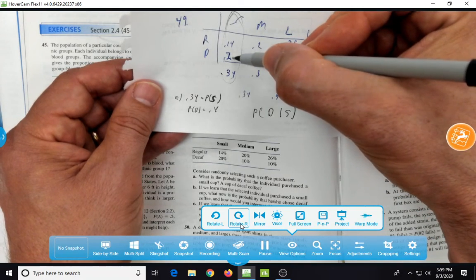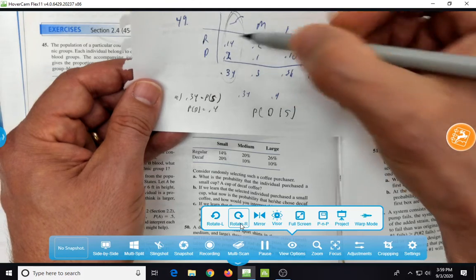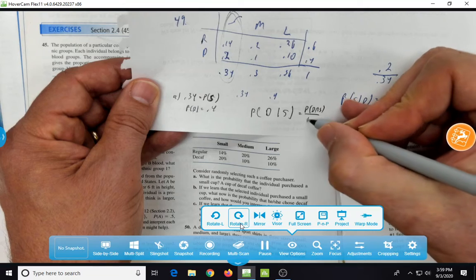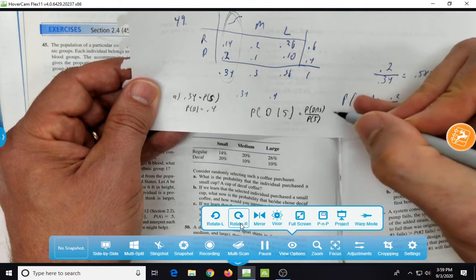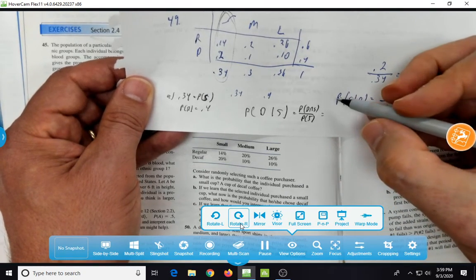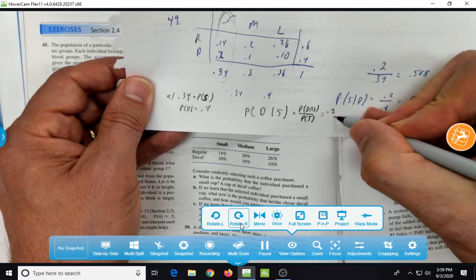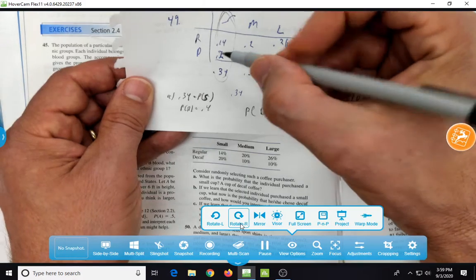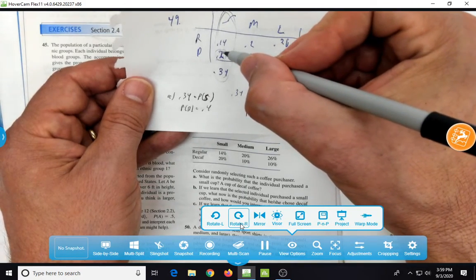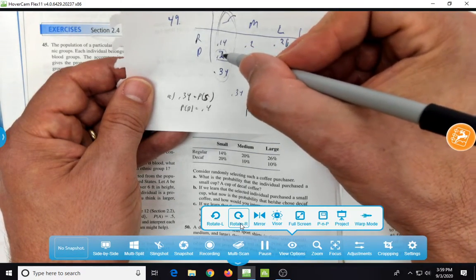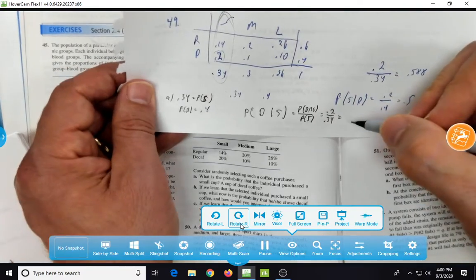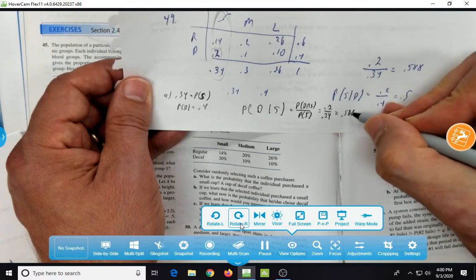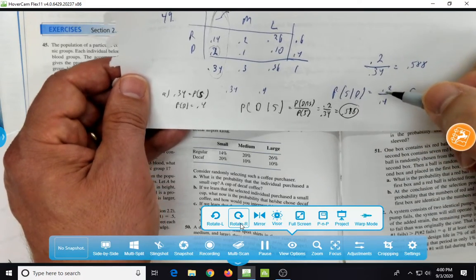And so given small, we would have the probability of D intersect S over the probability of S. And that would then be equal to 0.2 over 0.34. You could think of this as, in this column I've got 2 out of the whole sum, so 0.2 over 0.34, and if I calculate that I get a 59% chance, or 58.8% chance.